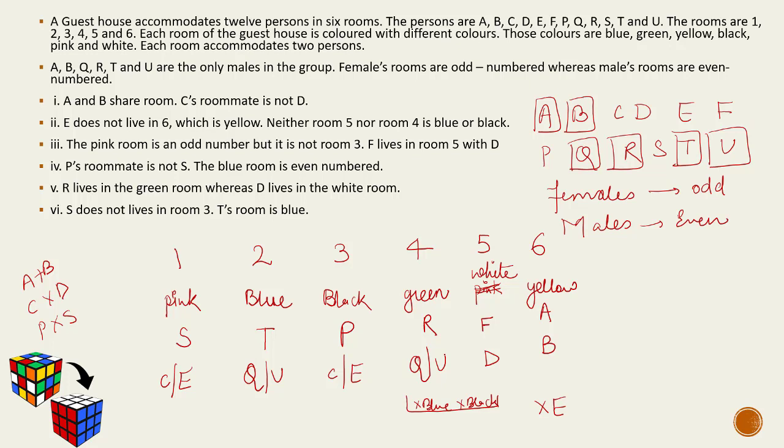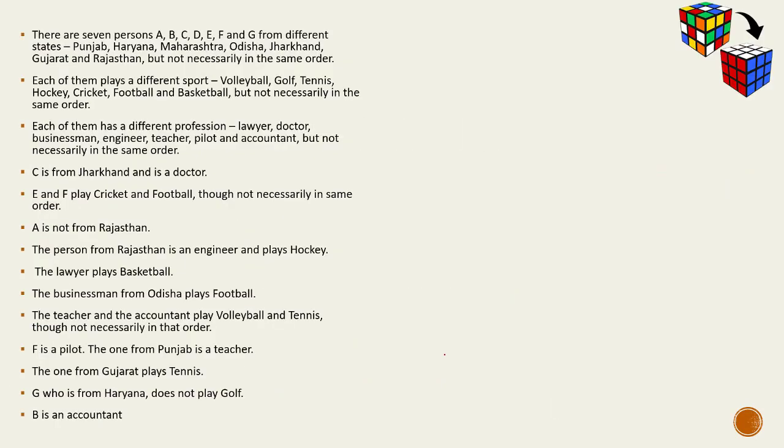So we cannot pinpoint which room they belong to, and we'll have to leave the question here only, and that depends on the further questions that are being asked. But as of now, for C, E, Q, U, we can only determine the possible rooms they can belong to. We cannot determine the room number for a surety. It can only come with a possibility. I hope that's clear now.